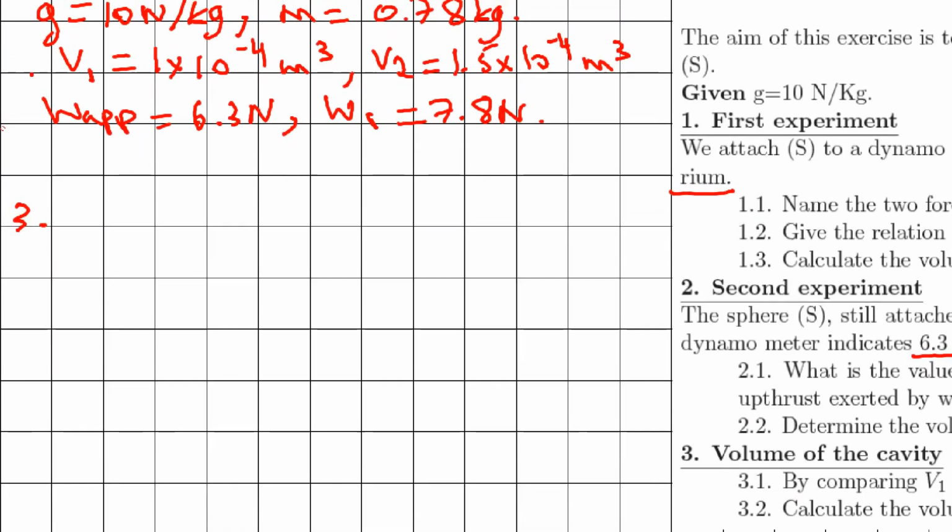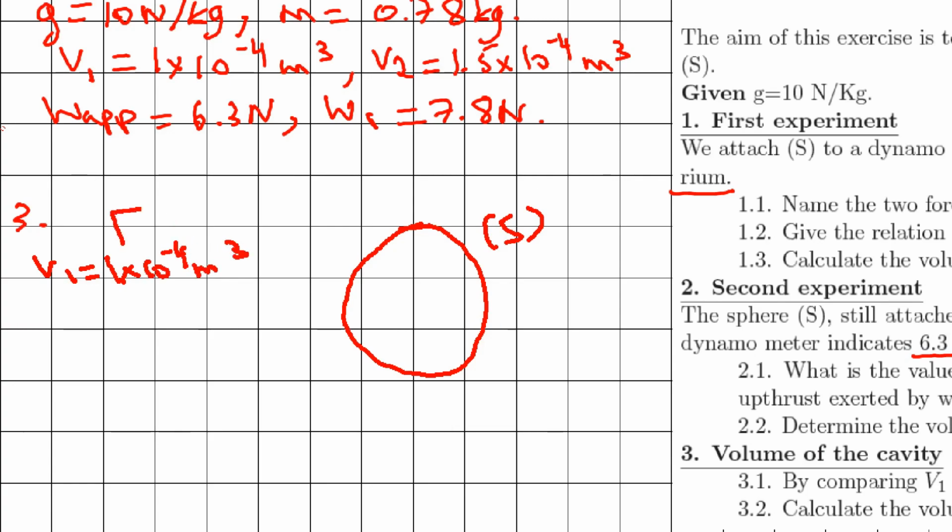Suppose we have this solid, the same solid, which has the shape of the sphere. Now we have two volumes: V1, which is given by 1 times 10 to the power minus 4 meter cube, which represents the quantity of iron, and V2, which is given by 1.5 times 10 to the power minus 4 meter cube, which represents the volume of the sphere.